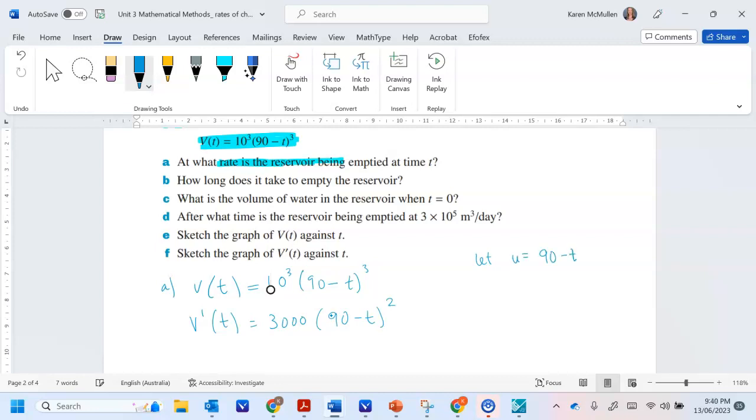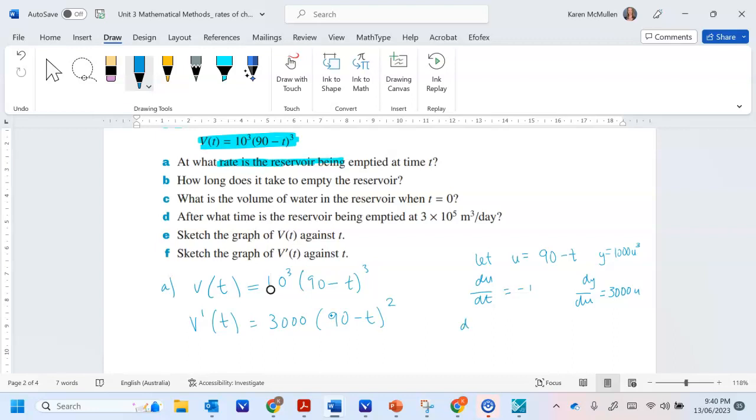Let u be 90 minus t. I'm going to use u and y just because that's what I'm so used to. y is equal to 1000 u to the power of 3. So du dt is -1 and dy du is 3000 u squared.